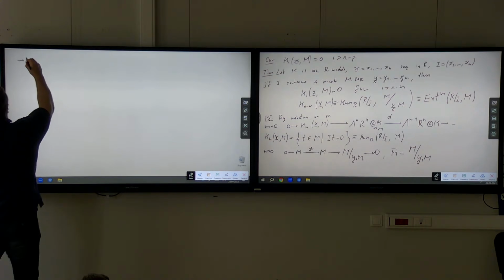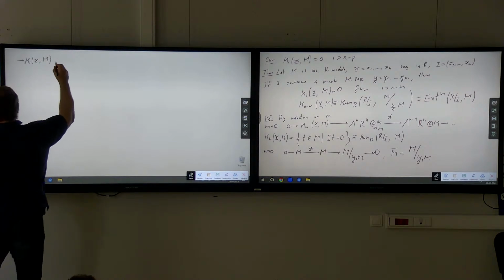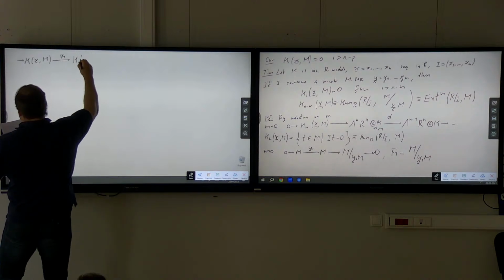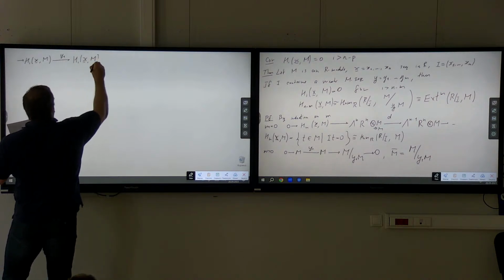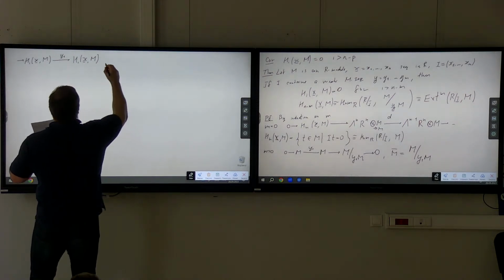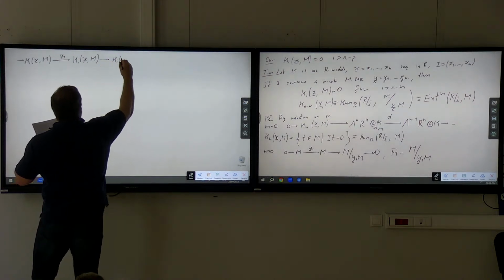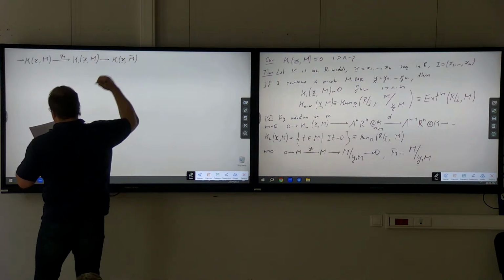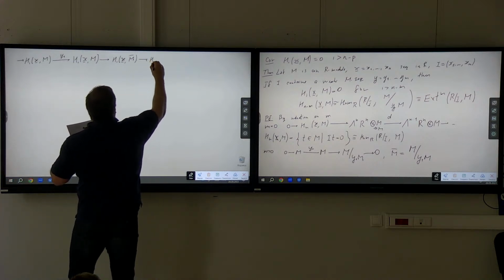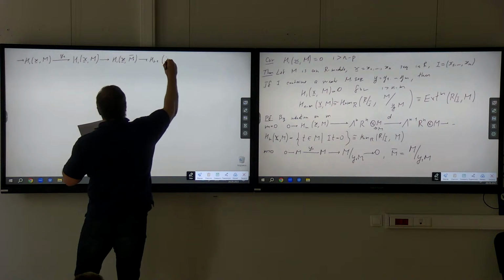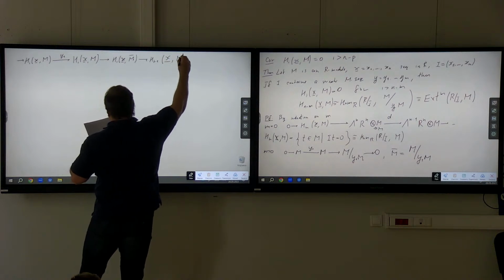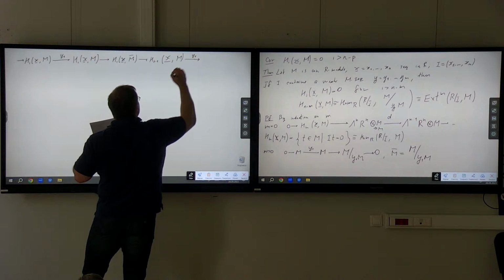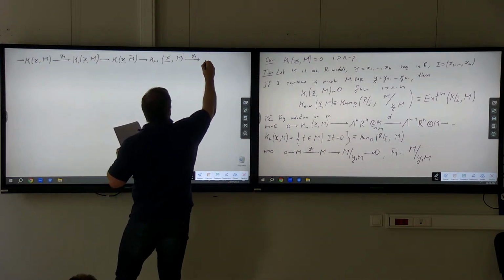This is what we get. We'll get H_i(x; M), here we have multiplication by y1, here we'll have H_i(x; M), then H_i(x; M bar), H_{i-1}(x; M), and then everything repeats with the shifted index.